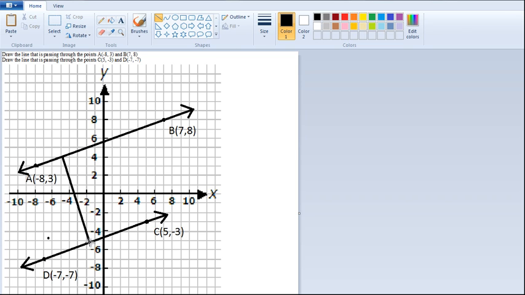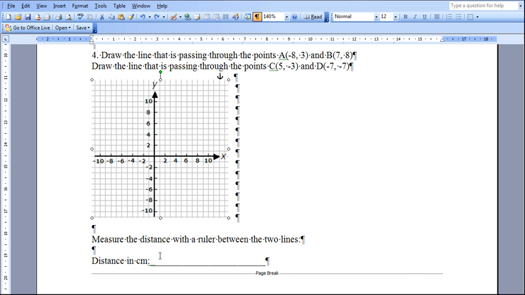And when we get something like this, we will get the closest distance compared to, let's say, if we choose a point here or here or here, the distance is just longer. So we have to find the closest distance with a ruler, and it will always look like this. So we just measure this distance with a ruler. Okay, and write the answers here. Remember, it has to be in centimeters. For example, 2.5 centimeters or something.